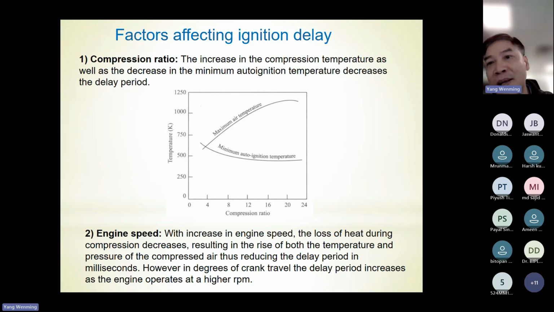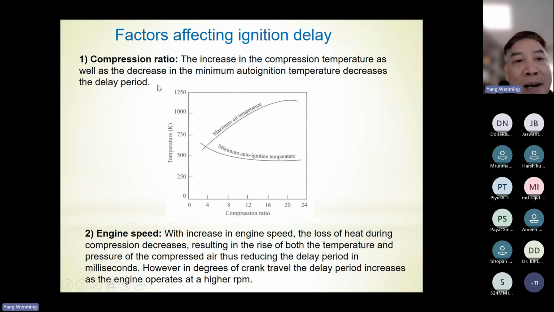Higher temperature means a faster combustion process. So at higher compression ratio, you should retard the ignition timing because the ignition delay time will decrease.